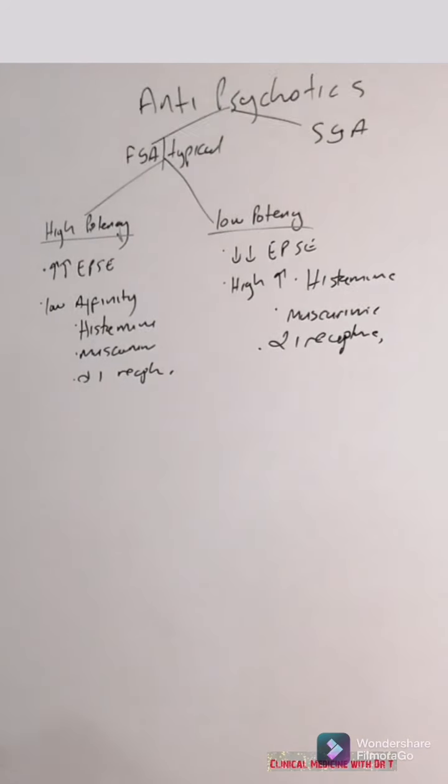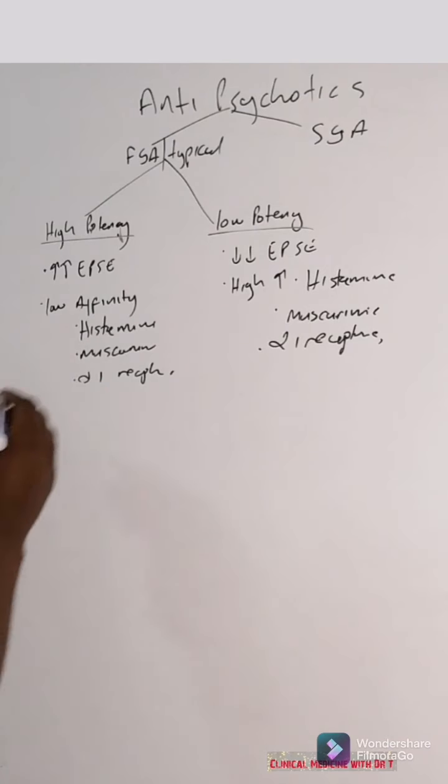What I want you to get is that these drugs do not only block D2 dopamine receptors, they also block these other receptors, because that's where our side effects are coming from.